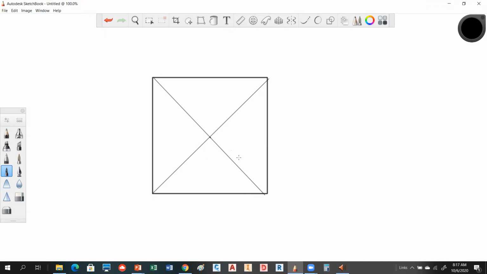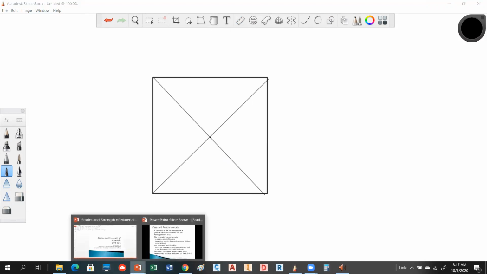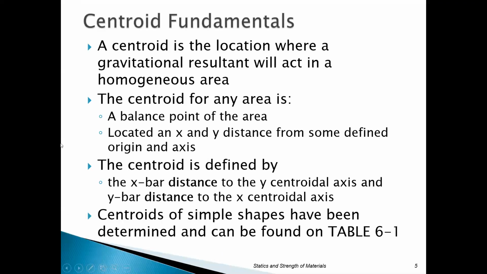But when we get to the actual centroid, what we have to do is tell somebody where to find the centroid, not just doing it this way. Okay, so that's what we're going to look at. So that balance point is located typically by an x value and a y value distance from some defined origin or axis.